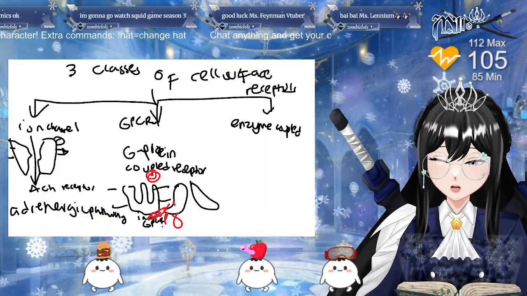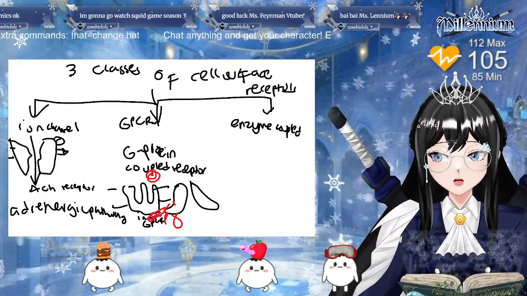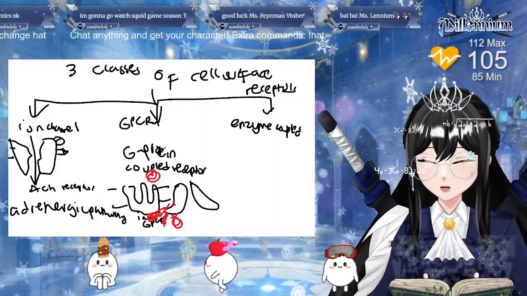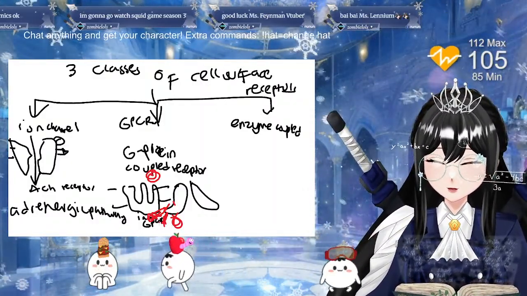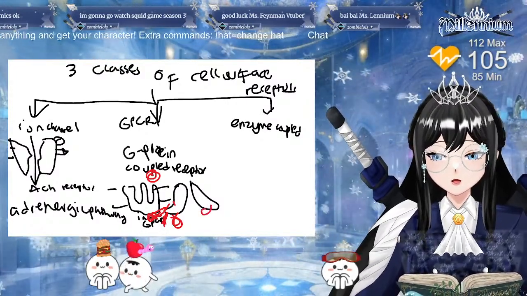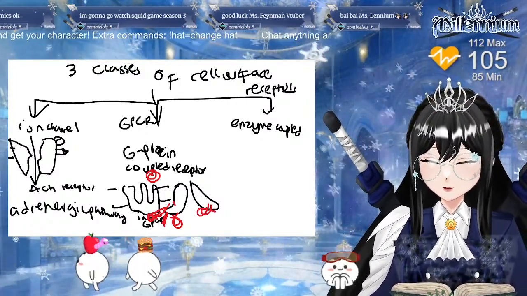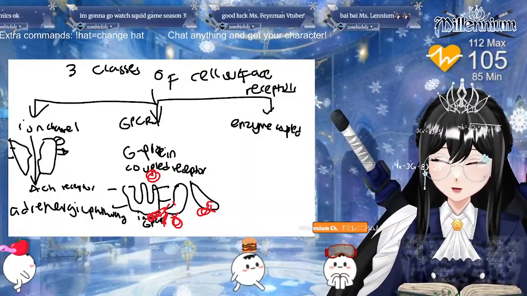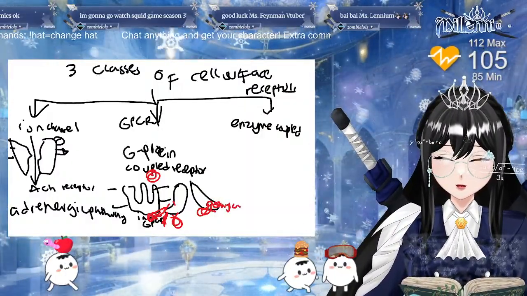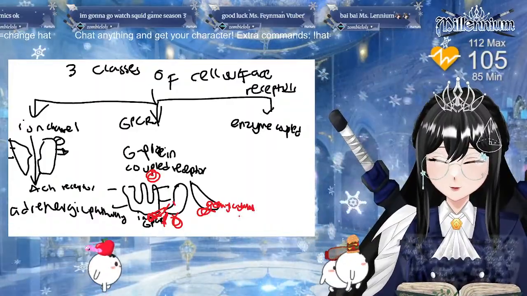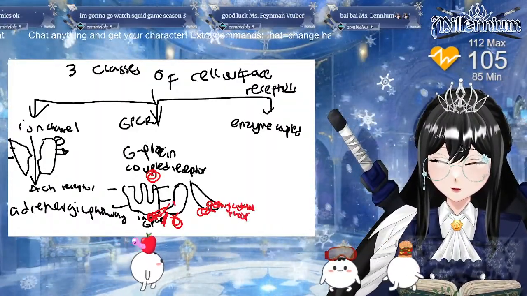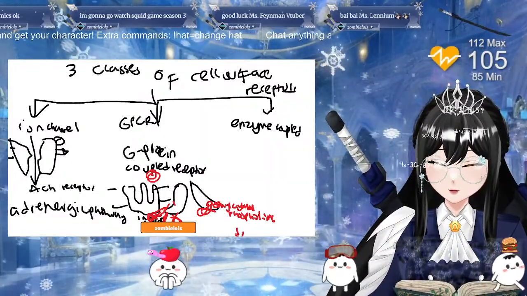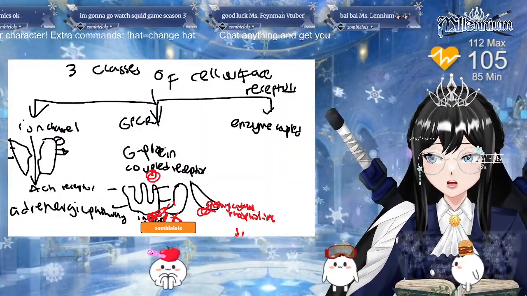The alpha would dissociate from the beta gamma and then talk to this enzyme, which is adenyl cyclase or phospholipase C, which triggers stuff like cAMP and IP3 DAG.